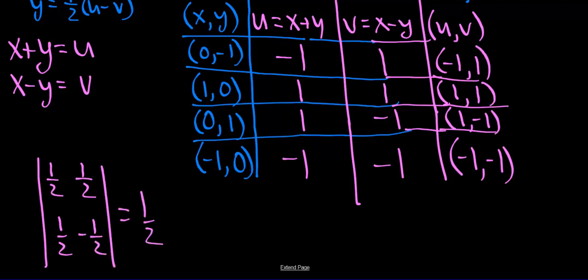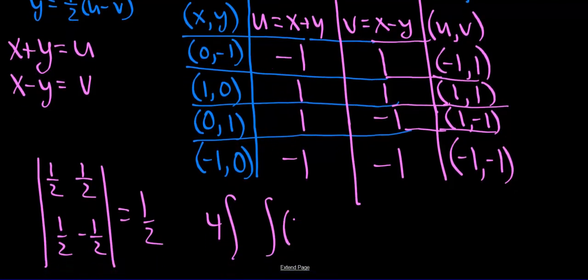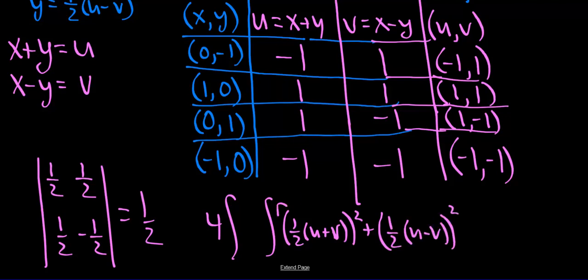I'm going to get 1/2. Well, heck, I'm set now. I'm going to go 4, and I've got my Jacobian, and I've got x squared, which is (1/2)(u plus v) squared plus (1/2)(u minus v) squared times 1/2 du dv.